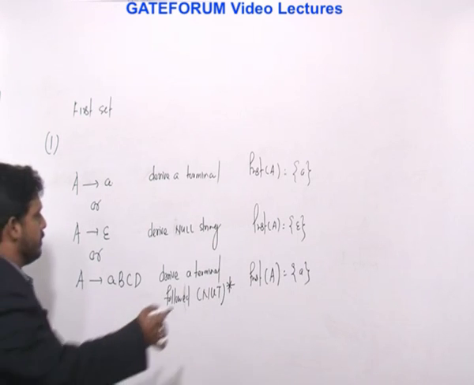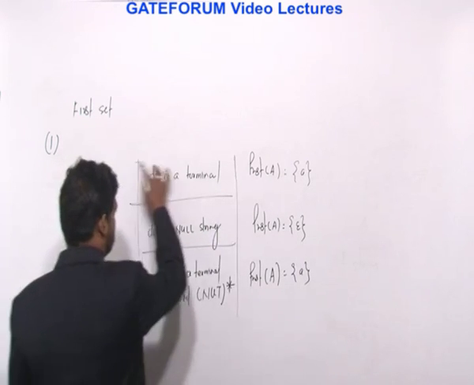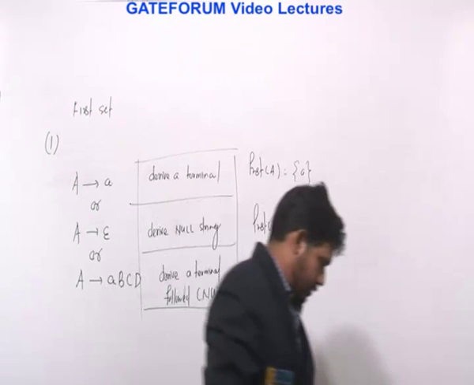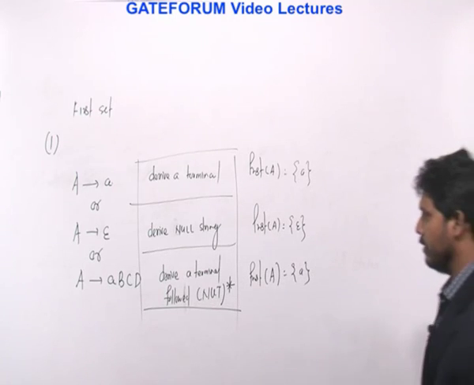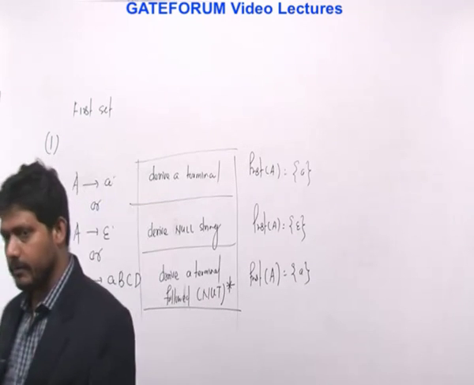All the three situations are very common, and in this case no calculation is required basically. First of A is equal to the terminal, epsilon, or the terminal that it starts with. Write a, write epsilon, write a. First rule.